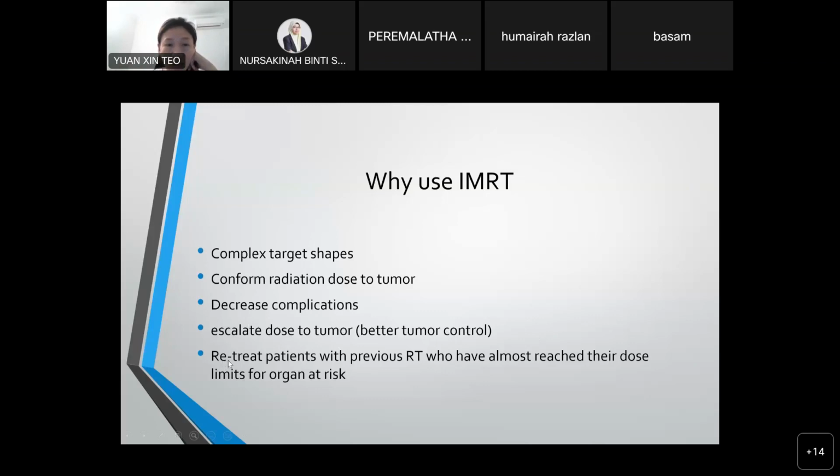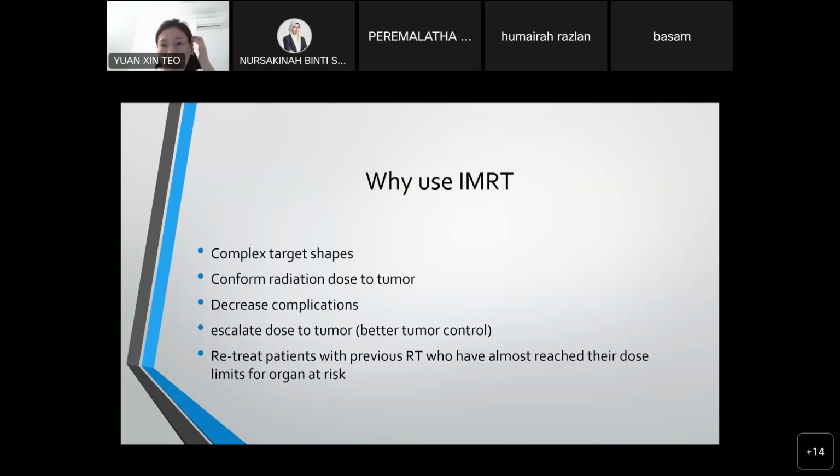So if we need to retreat patients who have been treated previously, now we can treat again by using IMRT. Because if previously the patient received a 3D treatment, their organ at risk dose has already reached the maximum. So if the patient needs to receive treatment again, the 3D technique is very difficult to achieve, because it can't help to reduce the organ at risk dose, because there's a maximum dose for every organ.